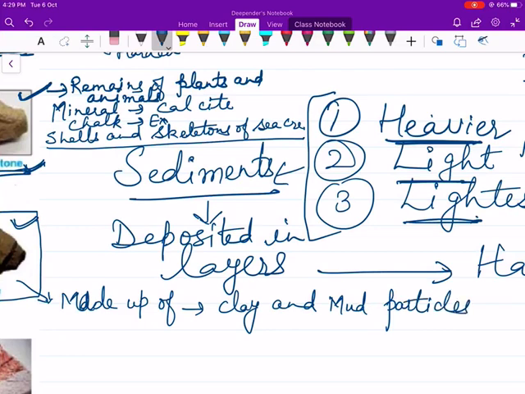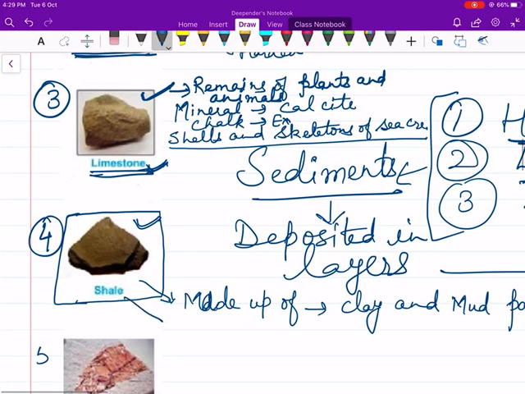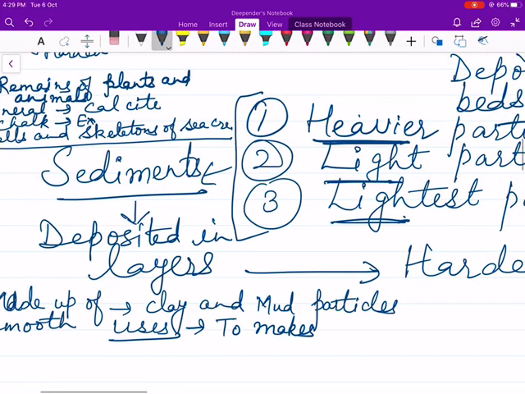So students, it is a very smooth sedimentary rock. S for shale, S for smooth. Smooth sedimentary rock, and uses, you can write, the first one is to make tiles and then to make bricks. Tiles and bricks. So these are the uses of shale.